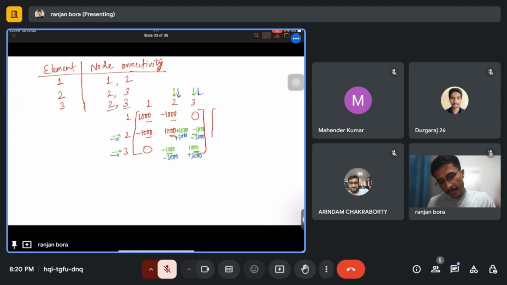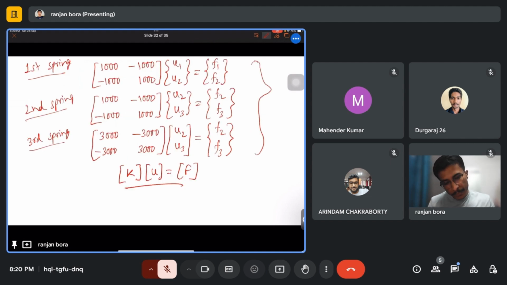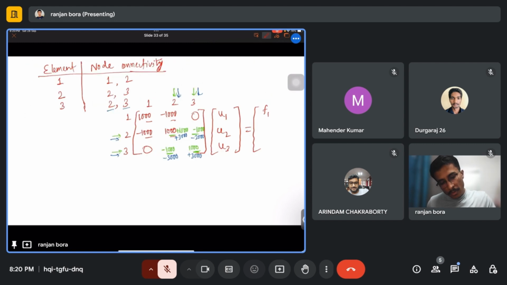Next is displacement matrix, which will be u1, u2, u3, and force matrix will be, again we'll do same, f1, f2, f3.